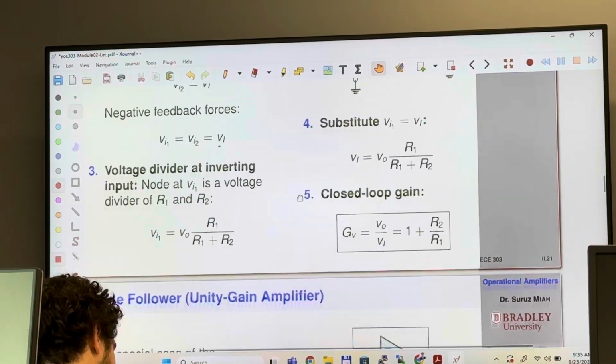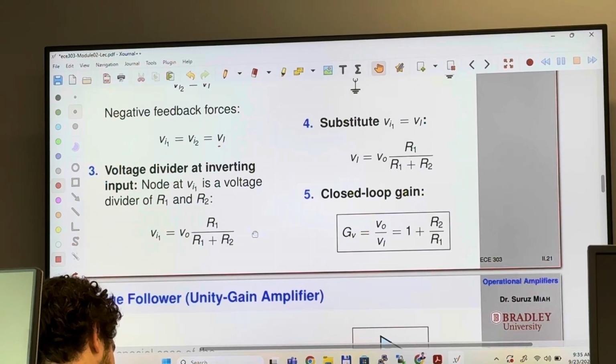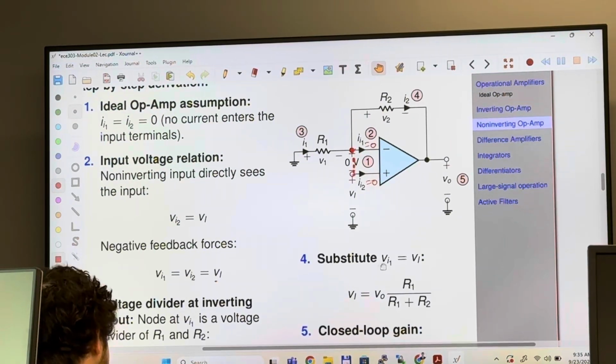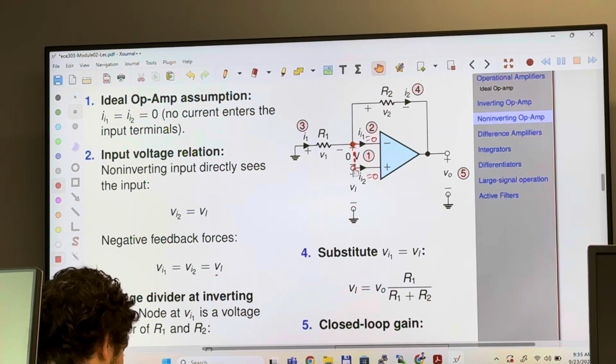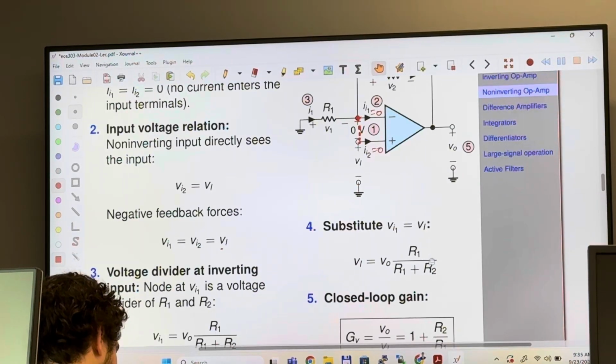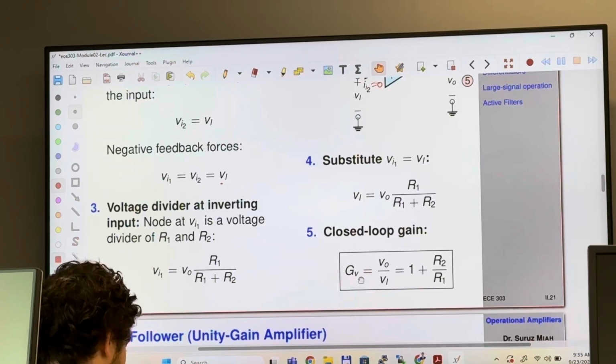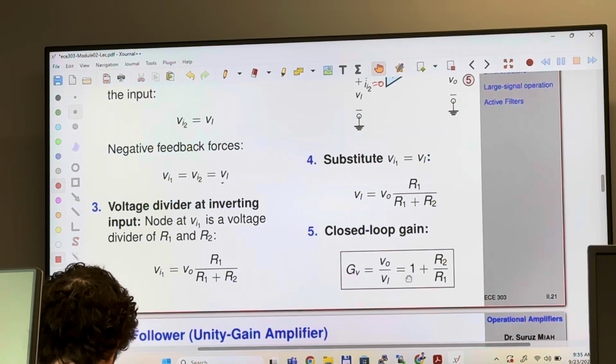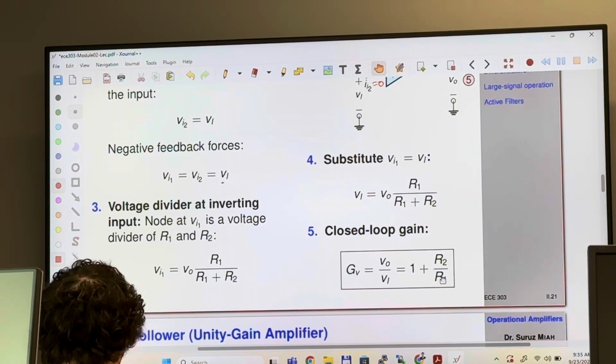So now what you can do, because no current is flowing, voltage divider, so it is going to be voltage source here, V0, R2, R1, they are connected in series. You find the voltage divider, which is V sub I1, simply the voltage at this point, is going to be V0 over R1 plus R2, and substitute Vi1 equals V sub I. So you get this relationship, and closed loop gain V0 over Vi is 1 plus R2 over R1.